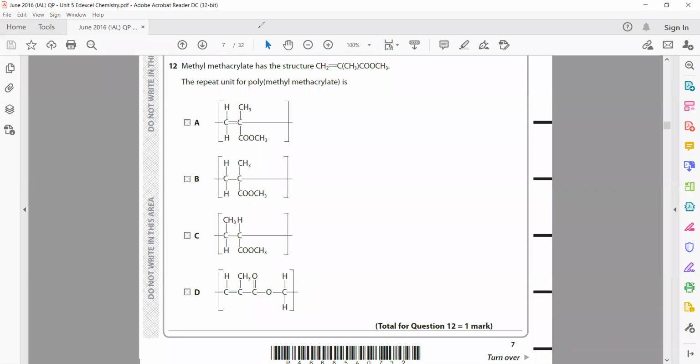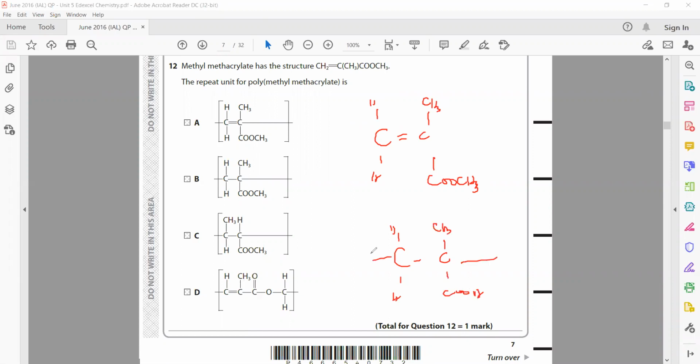If I draw the monomer first, it will be C double bonded to C, with H, H, and CH3, and then C double bonded with O, and OCH3, an ester is there. So we just break the double bond and form an addition polymer. Put a bracket with n, so it matches with B.